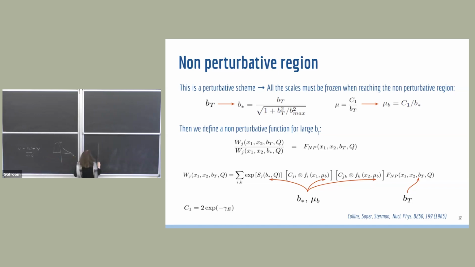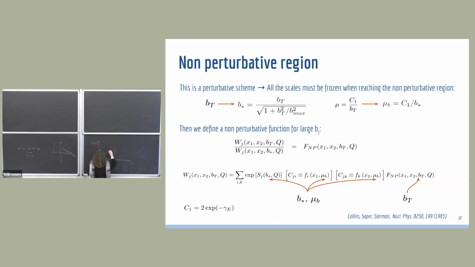So let me make you another drawing. So this is bT, and this is b* of bT. When bT is small, you are fully perturbative, so you're doing well with your perturbative expansion. But then when bT grows, you know that somewhere here, non-perturbative effects will become more and more important and dominant.